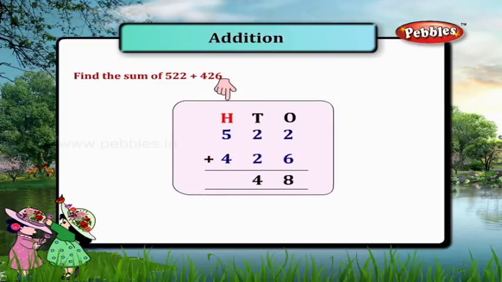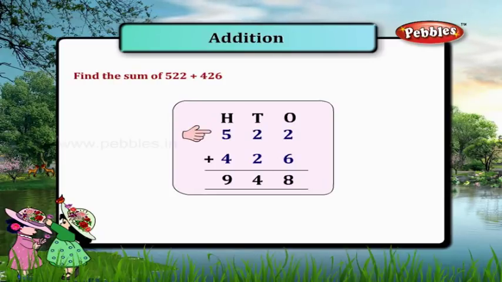Add the hundreds. 5 plus 4 is equal to 9. The sum of 522 plus 426 is equal to 948.